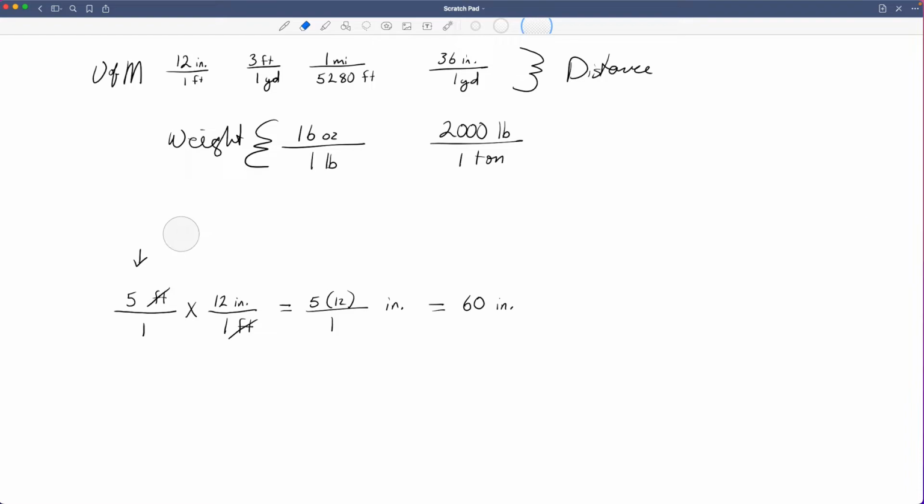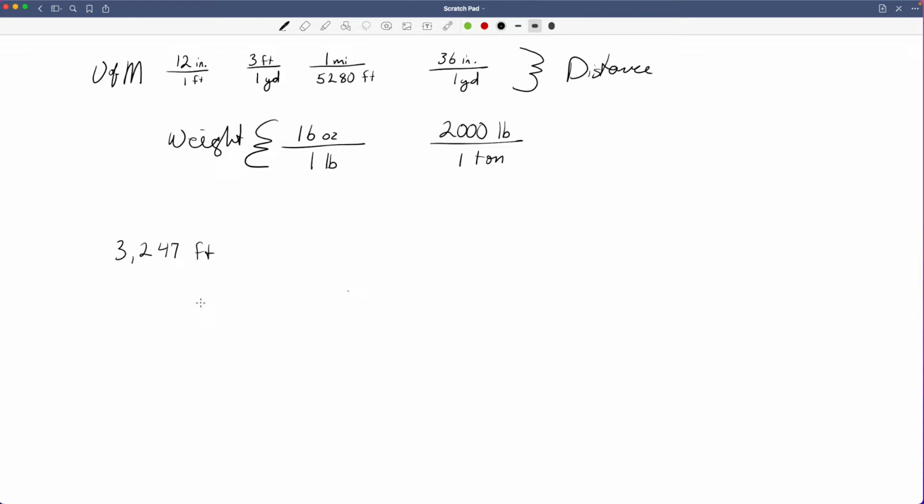We are now going to go, I have 3,247 feet, and I need to go from feet to miles. How many miles is that? Can you do that in your head? Can you just multiply it times? No, you can't, because this is smaller.